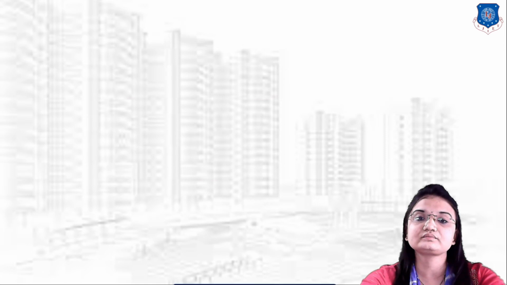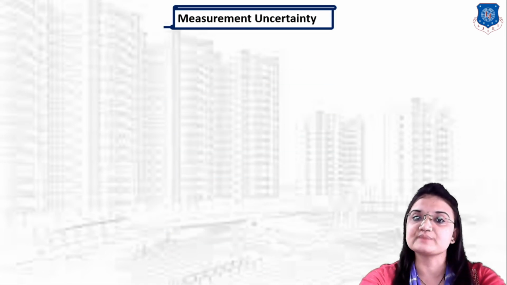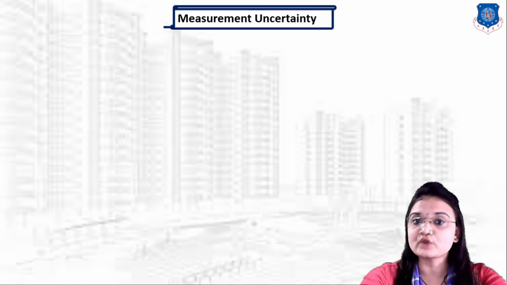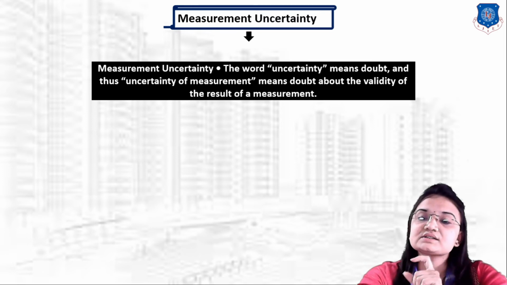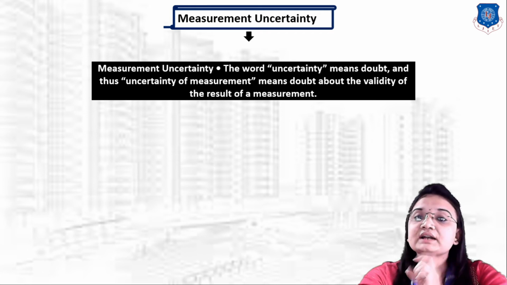Now the next topic is measurement uncertainty. What is the meaning of measurement uncertainty? The word uncertainty means doubt, and thus uncertainty of the measurement means the doubt about the validity or the quality of the measurement.